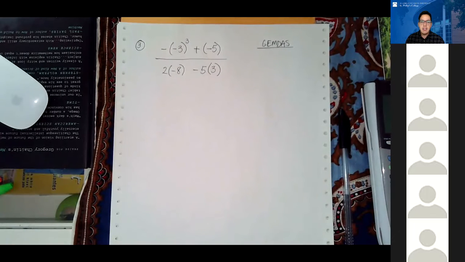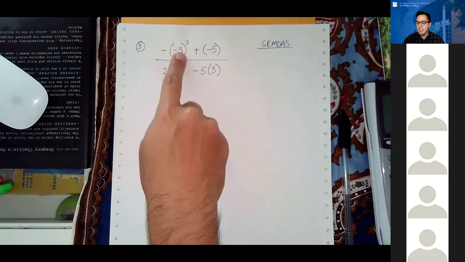Not necessarily. You sort of have to go through the order of operations in order to figure out whether it's going to be negative or positive. This negative sign in front of this term is like multiplication. It's like multiplying by -1.